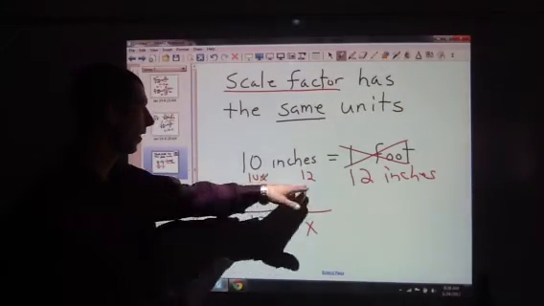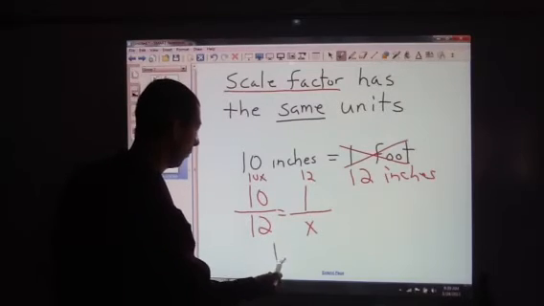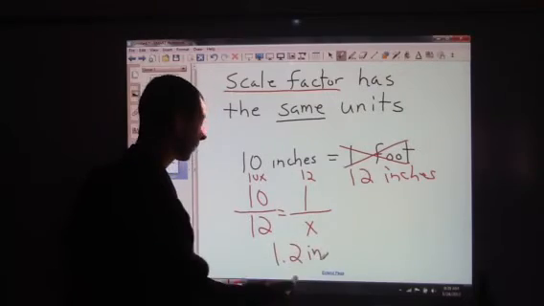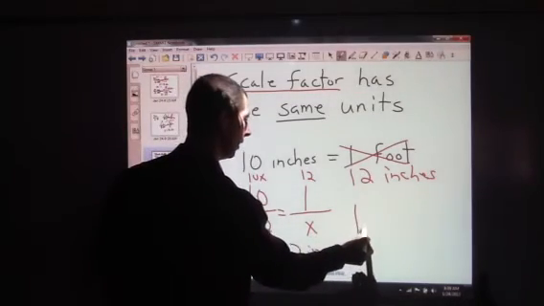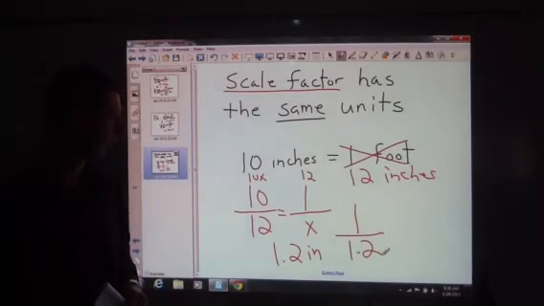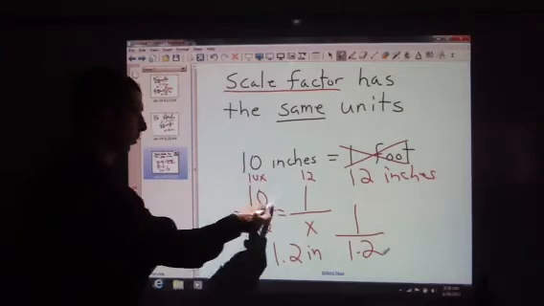Now solve, dividing both sides by 10. It's going to end up being 1.2, I think. So 1.2 inches. Another way to write this would be 1 over 1.2 as another scale factor for this. But this would probably be good enough to just put it just like this.